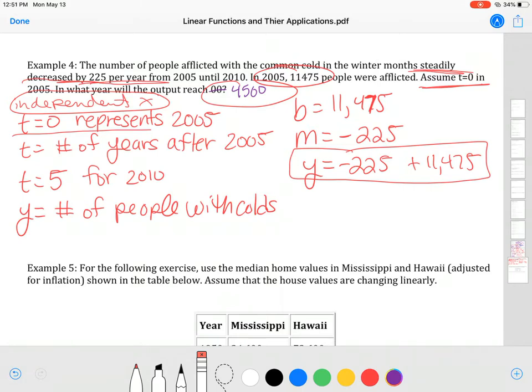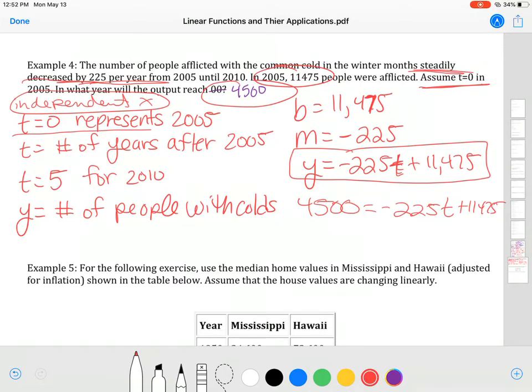Instead of using negative 225x, I should be consistent with the problem and use T since that's the variable they're asking us to use. So we want to find our value of T when the number of colds is 4,500. So I want to plug in 4,500 for Y and solve that for T.